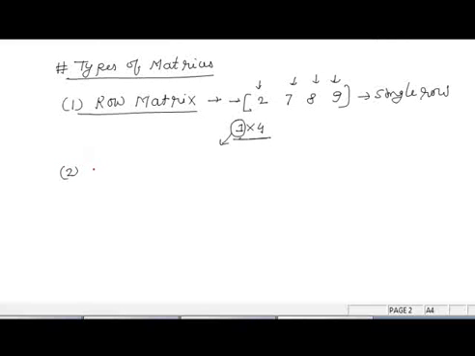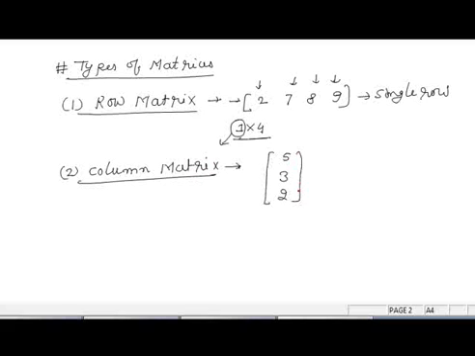Similarly, the next one we have is the column matrix. In this case, we can see it may contain any number of rows, but it has only one column.